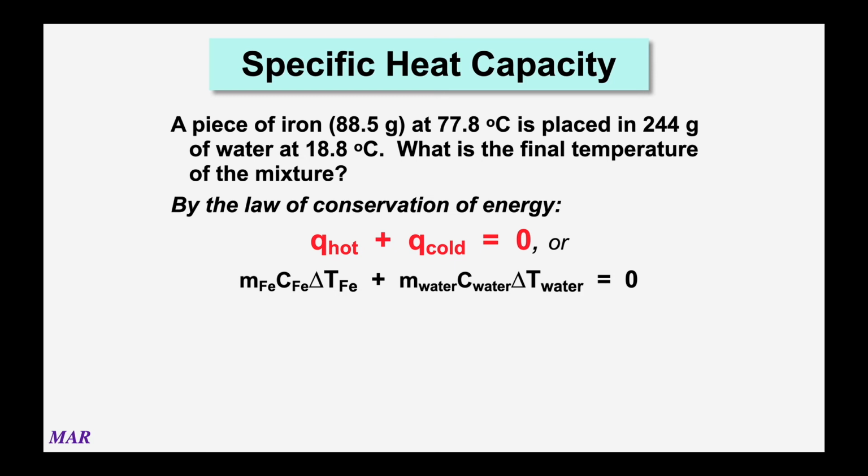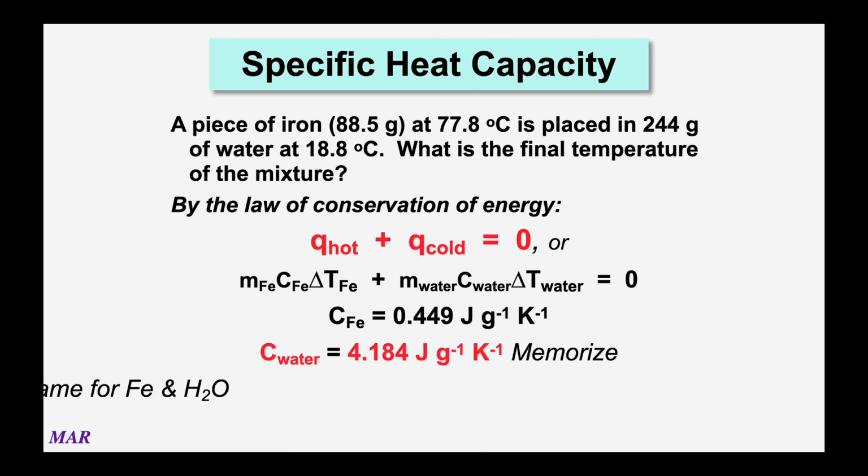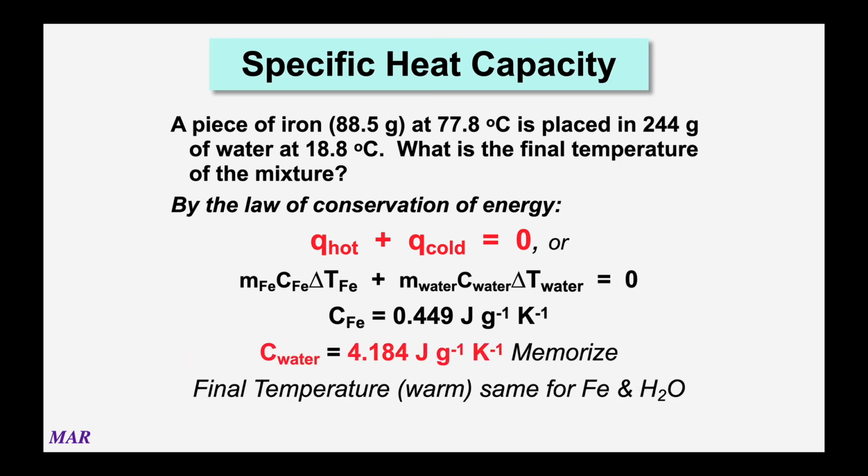You can see there I put M iron, C of Fe, delta T iron. And then the cold will do the same thing, but for the liquid water: M of water times C of water times delta T of water. So in this problem, we're going to plug and chug. Delta T is final temperature minus initial temperature. And the goal here is just to find that final temperature. And the final temperature is going to show up in two different places. We'll see on the next slide.